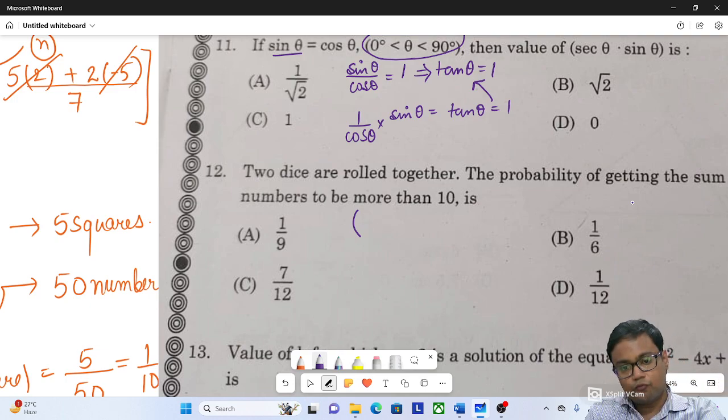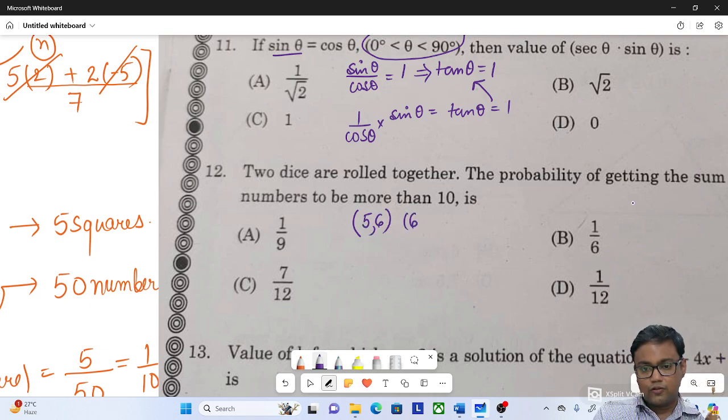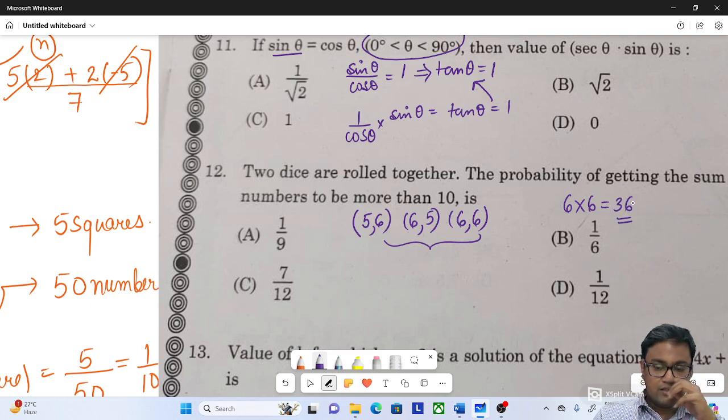So, you will not take 4, rather you will start with 5. 5 and 6 is 11; 6 on the first die, 5 on the second die is 11; 6 on the first die, 6 on the second die is 12, more than 10. So, all these three combinations, out of those 36 combinations, because when the two dice are rolled, there are a total of 36 cases. 3 of them favor our event of the sum of the numbers on the two dice being more than 10, right.